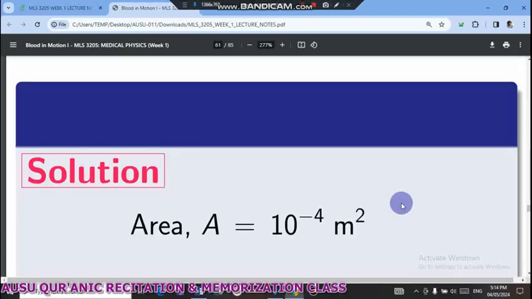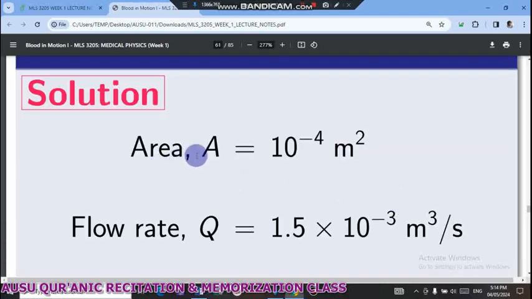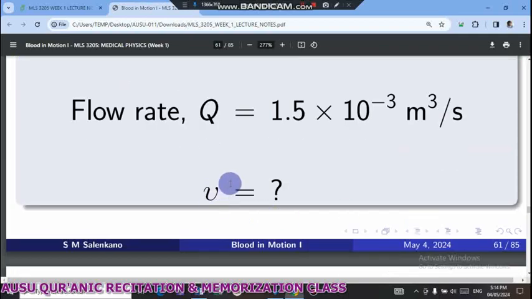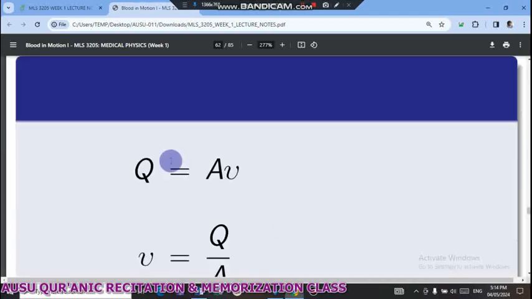So let's see how we can get that. First of all, bring out the parameters you are given. Here is the area, and here is the flow rate that you are given. Then your target variable, the quantity you are asked to get, is the speed. So here is the formula for calculating flow rate. From here, if I want to get the speed, I will divide my flow rate by the cross-sectional area.